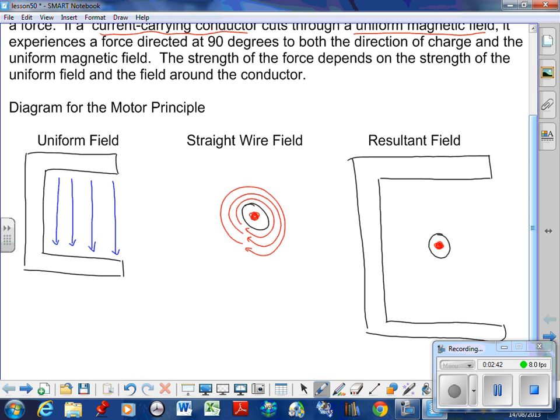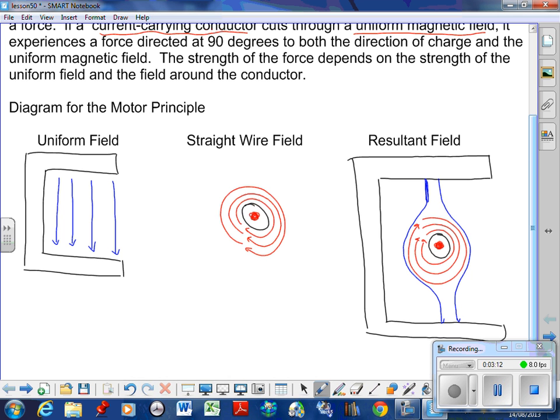So now we have magnetic fields interacting. I'll keep the color scheme the same. So we are going to have a circular magnetic field like this. And if you remember, we talked about this a little bit with field lines, they can't actually cross each other. So that means that the uniform magnetic field from the C magnet has to bend around to get to the other side, so that they cannot touch.